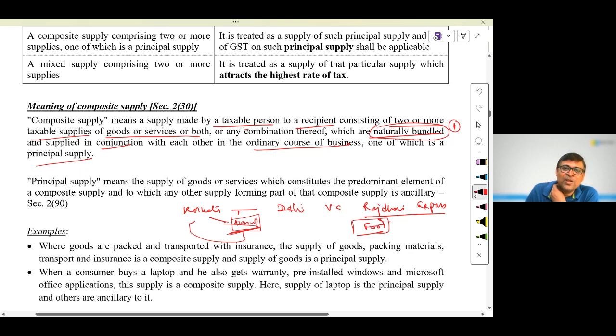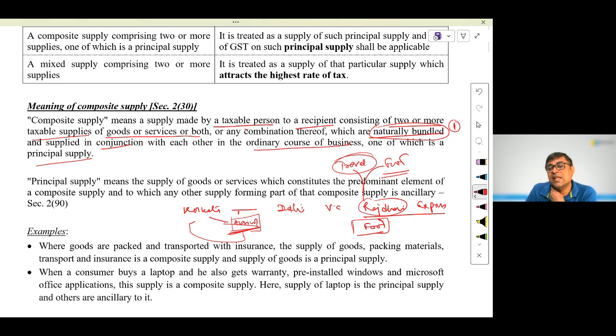Is it possible? It is not possible, because the main supply Rajdhani is supplying is travelling, that means travel, as well as food. This is a combination. This is a bundled service. The main supply, is it food or is it travel? The travel I'm supposed to make, then the food is ancillary to the services provided by the Rajdhani Express.